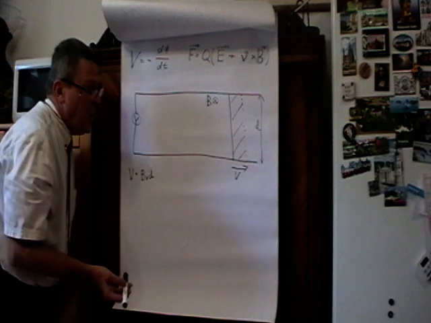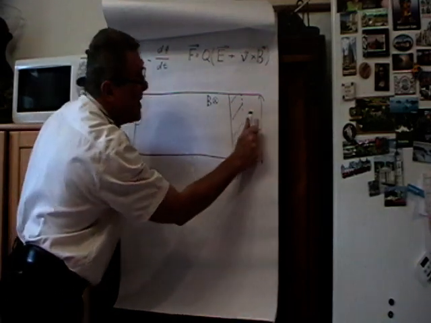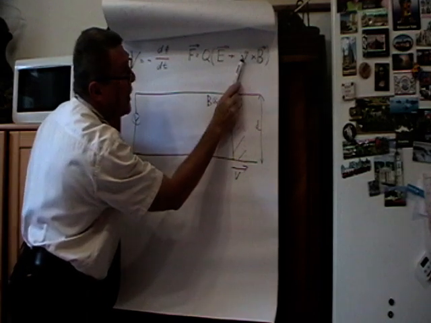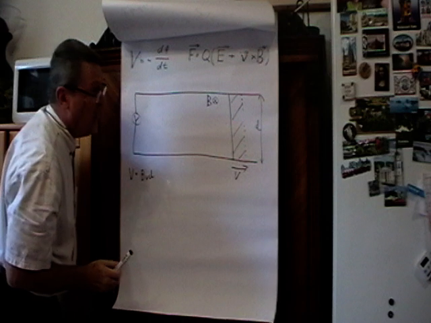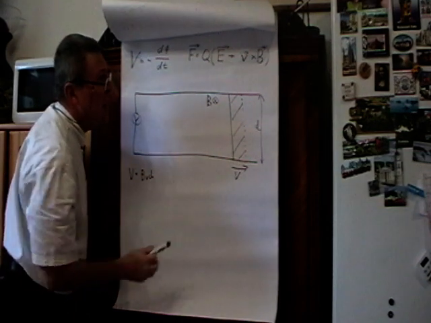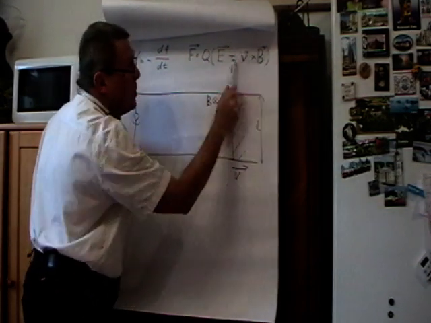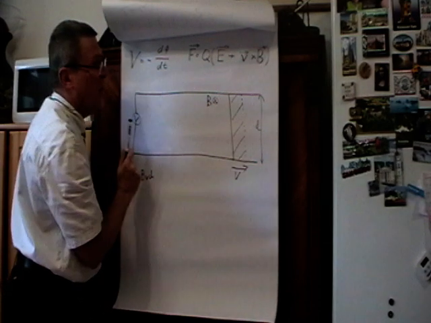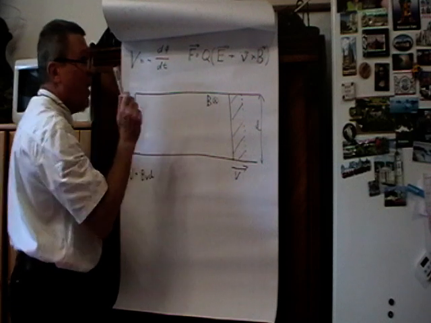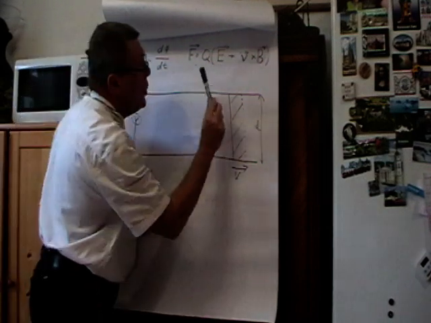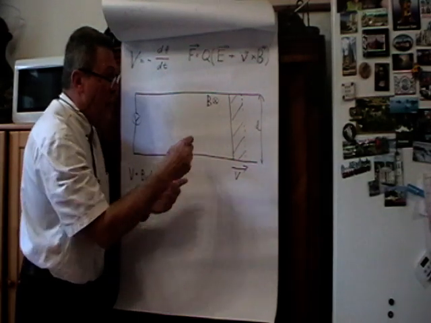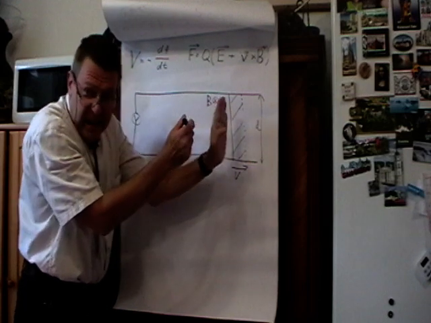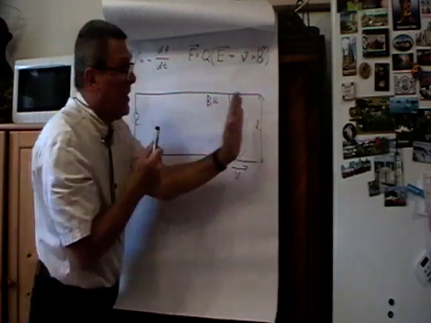Well, so far we have no field, so we start to move the stick, and an electron with a charge is moving against the magnetic field flux lines. And we can easily see that there would be a force that affects the electron. So what would be the direction of that force? We have a magnetic field flowing this way. We have a stick that carries the electron in that way.